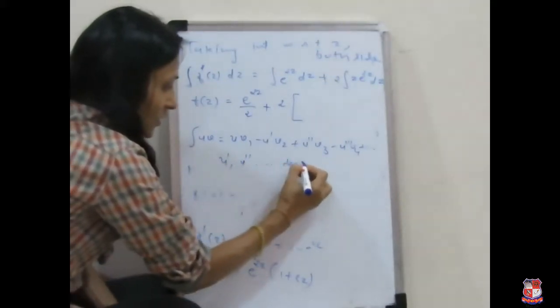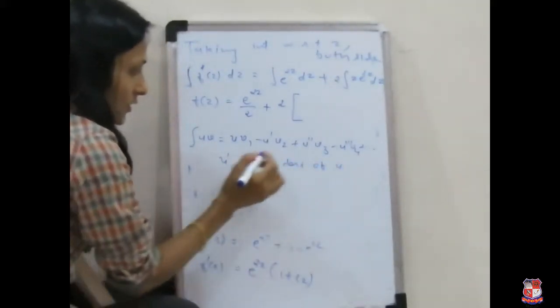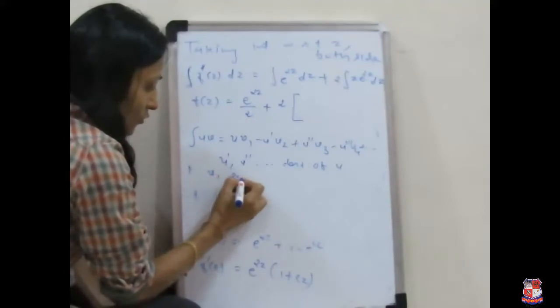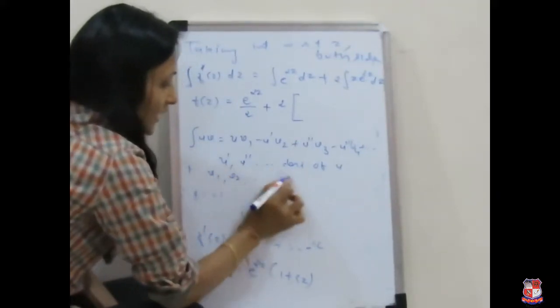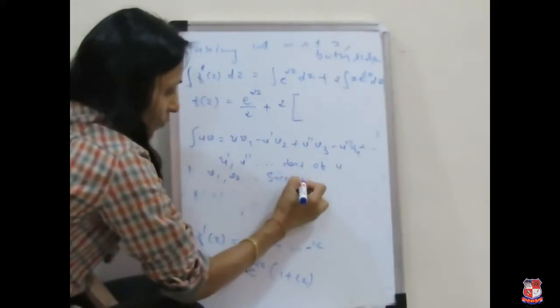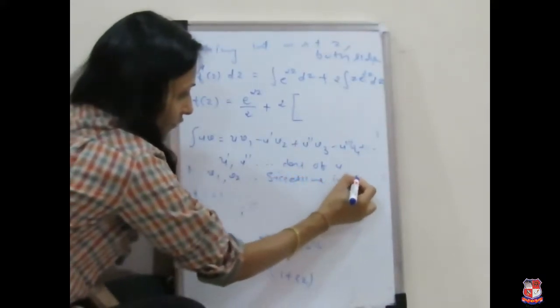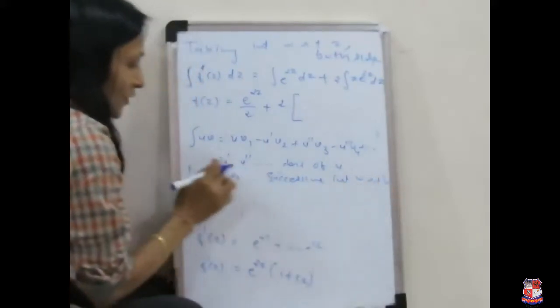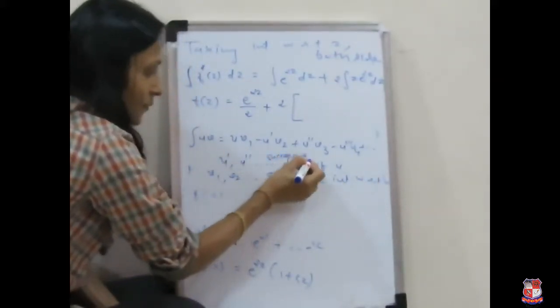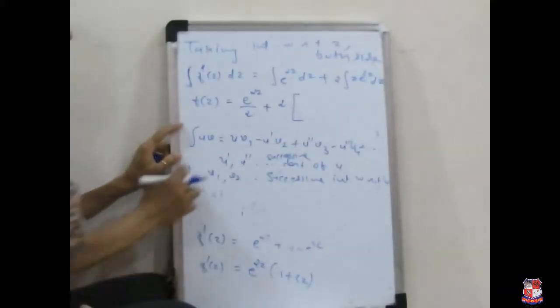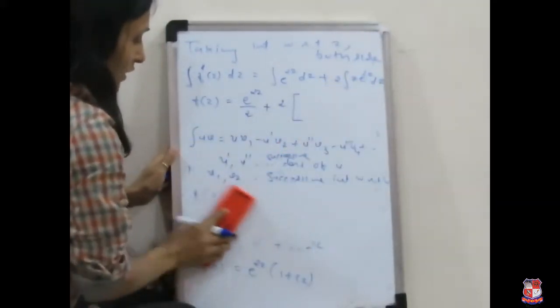It is derivation of u, and v1, v2 and so on is successive integration with respect to v, and u dash, u double dash is successive derivation with respect to u. This is the Bernoulli equation we use here, z into e raised to 2z.